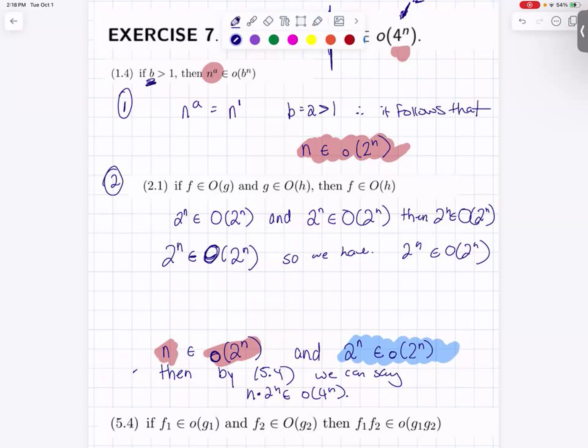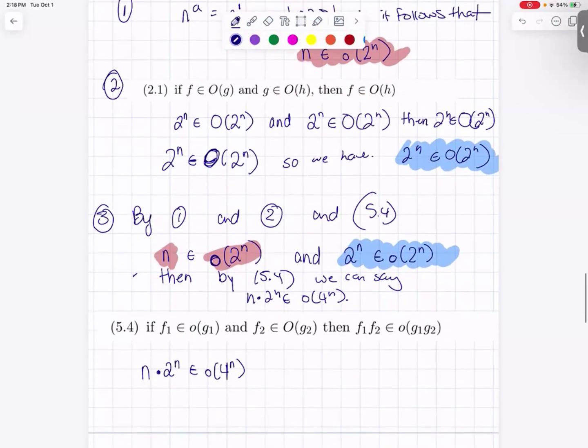So then using those two pieces of information, we're able to say in step 3, by 1 and 2 and property 5.4, we can take each of those pieces of information, take our property, and put it all together like so.